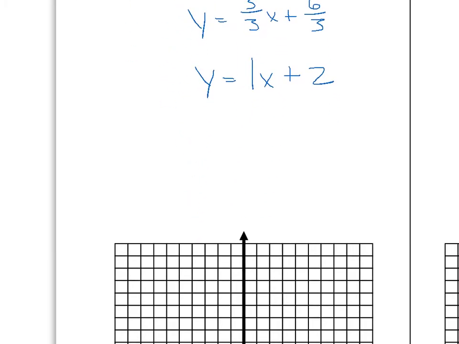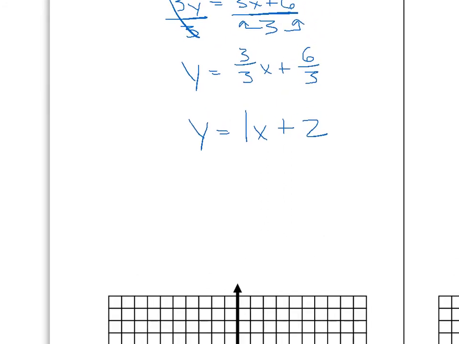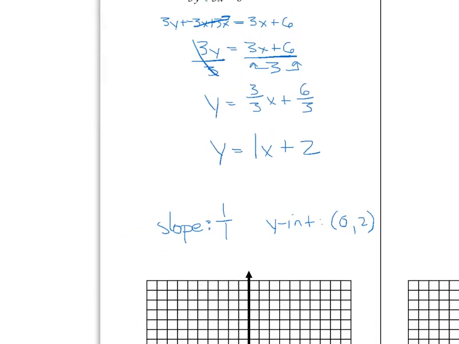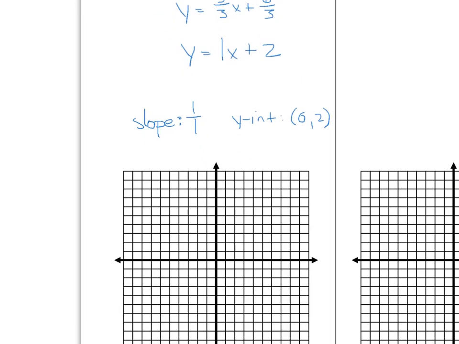Which means that in order to graph this equation, we know our slope is what? 1 over 1. And our y-intercept is (0, 2). So we go to our y-intercept (0, 2), making sure that's on the y-axis. Some people are putting these on the x-axis, and that's getting confusing. Rise 1, run 1.